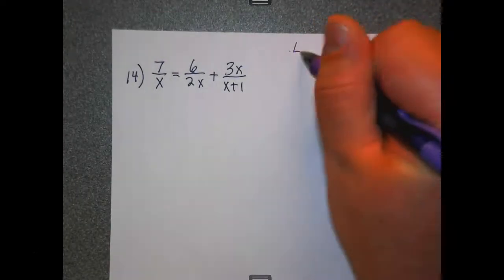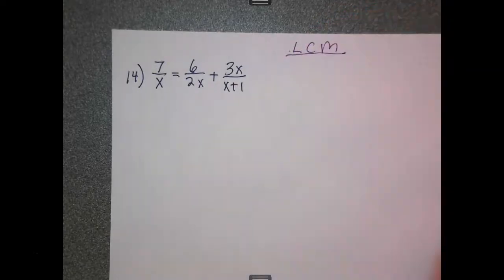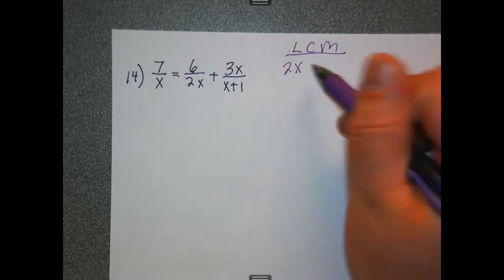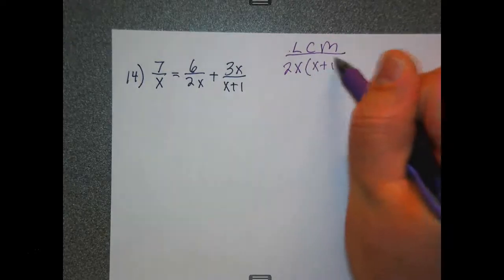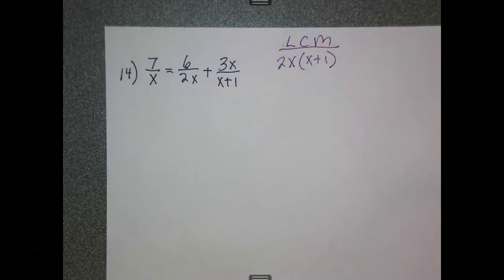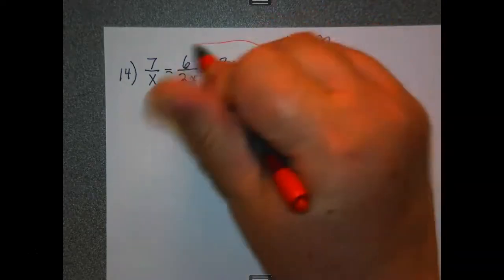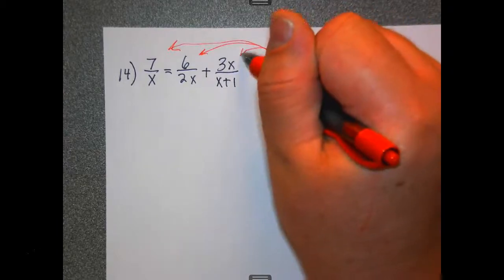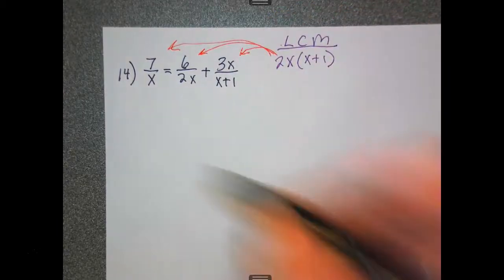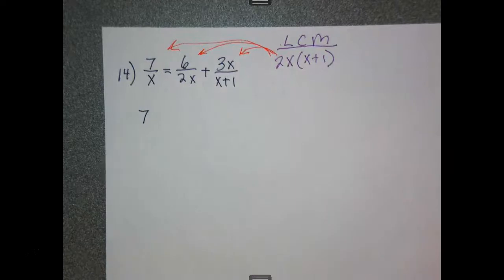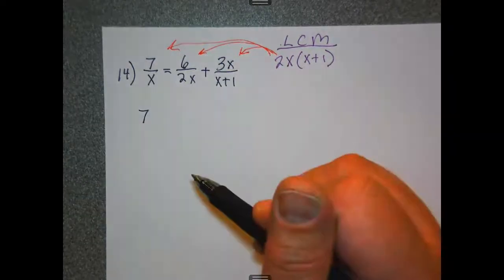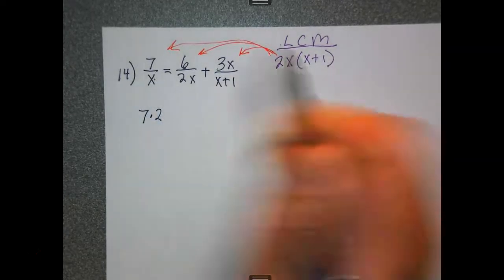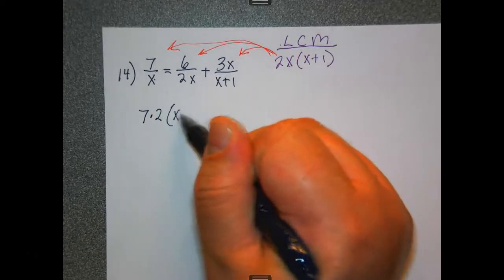What is it? Good. All right, I have to multiply every fraction by that. Okay, so what am I going to multiply the 7 by? The 2. I'm canceling out the x's. X plus 1.